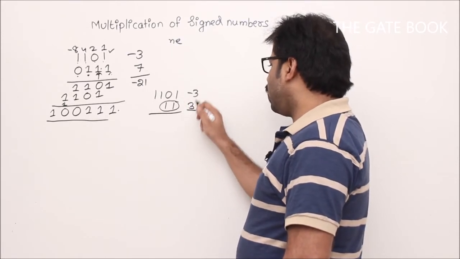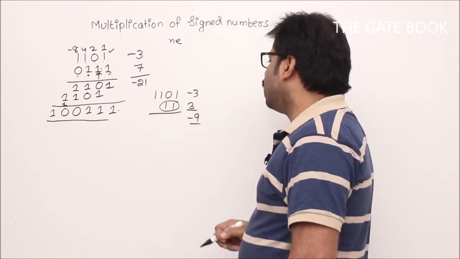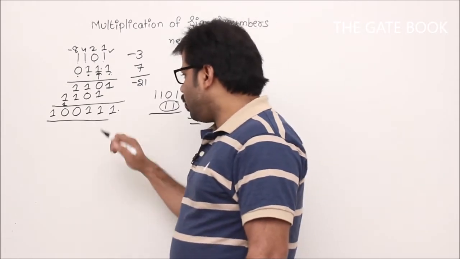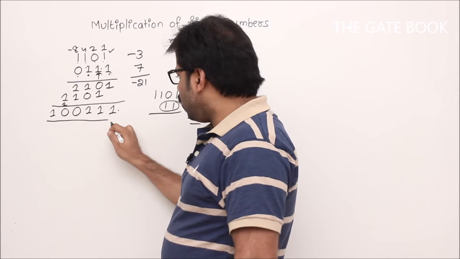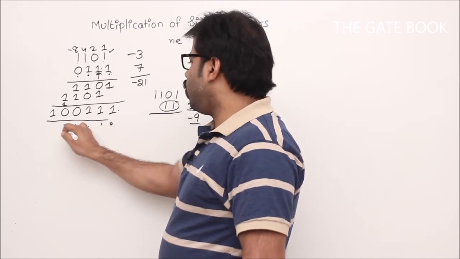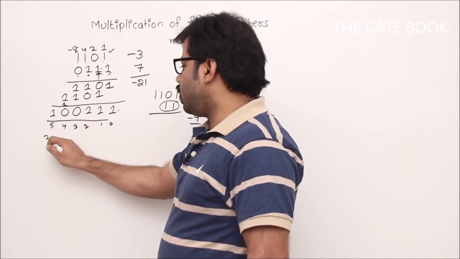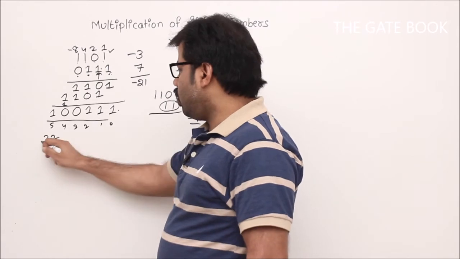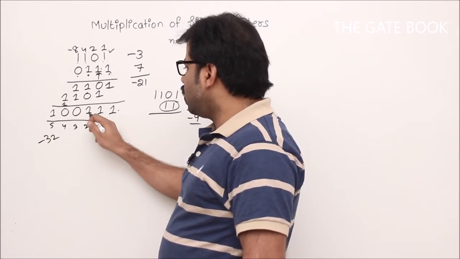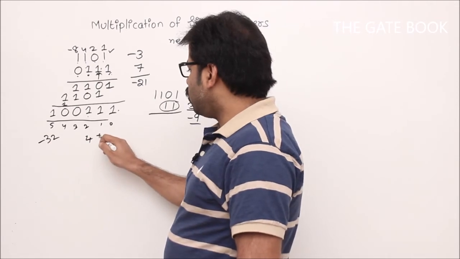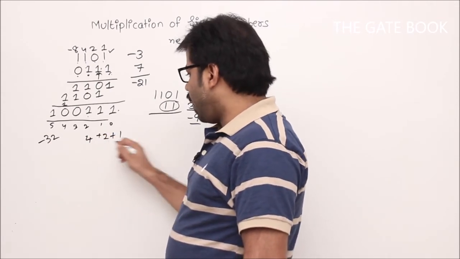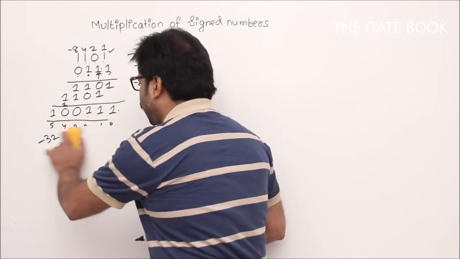Minus 3 into 3 is minus 9, right? So I should get minus 9, but what is the result you got? 2 power 0, 2 power 1, 2 square, 2 cube, 2 power 4, 2 power 5, it is 32. This is minus 32 plus 4, this is 2, this is 1. So minus 32 plus 7 is minus 25.